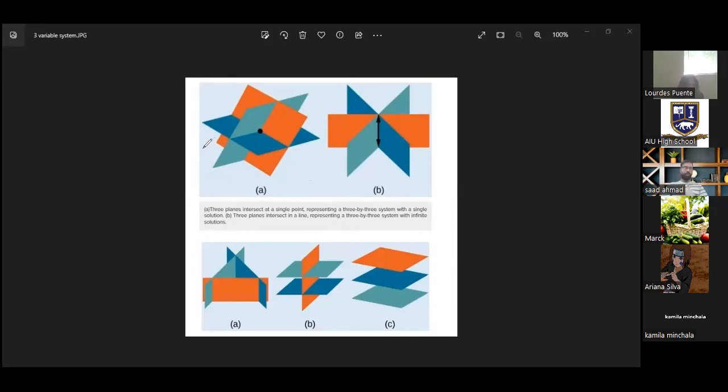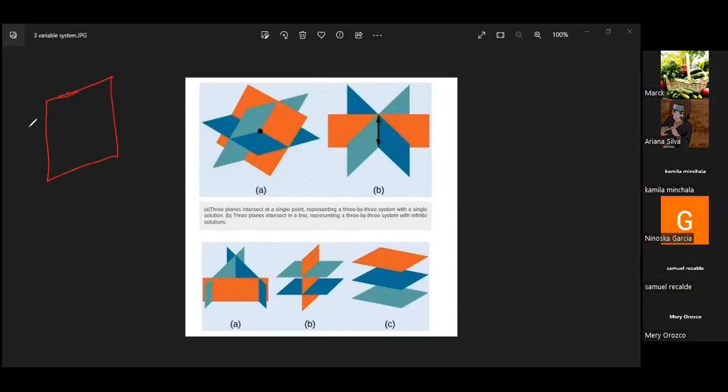So the possibilities when two planes or three planes intersect: when two of them intersect, they give us a line like this. But now we have more than two, let's say three planes intersecting at one point. You see, this is the one common point in them. This one point is a unique point, and that's the solution.